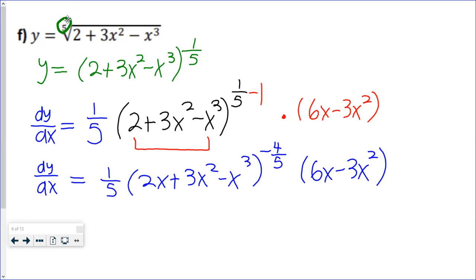So again, I want to highlight what is going to be in my denominator for my answer. So definitely the 5 in the fraction, as well as this component all in here. And I'm going to leave it in fractional form instead of trying to convert it to radical form.